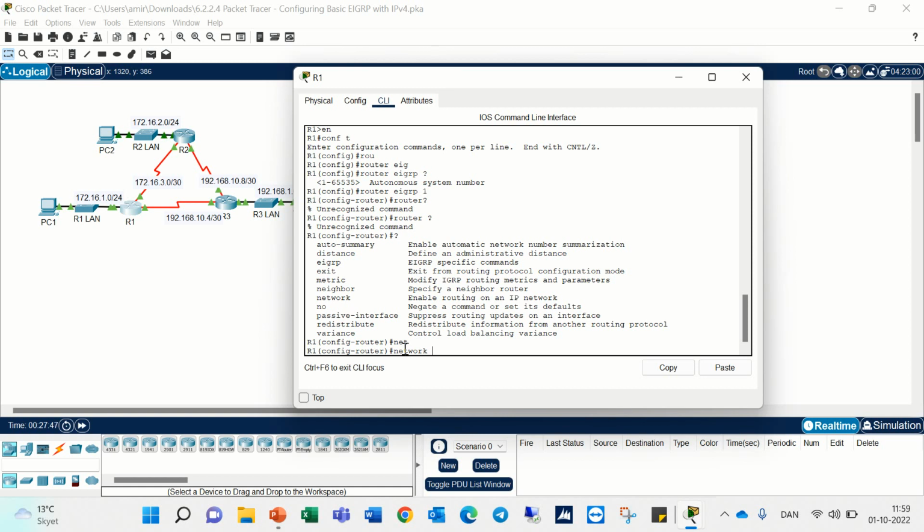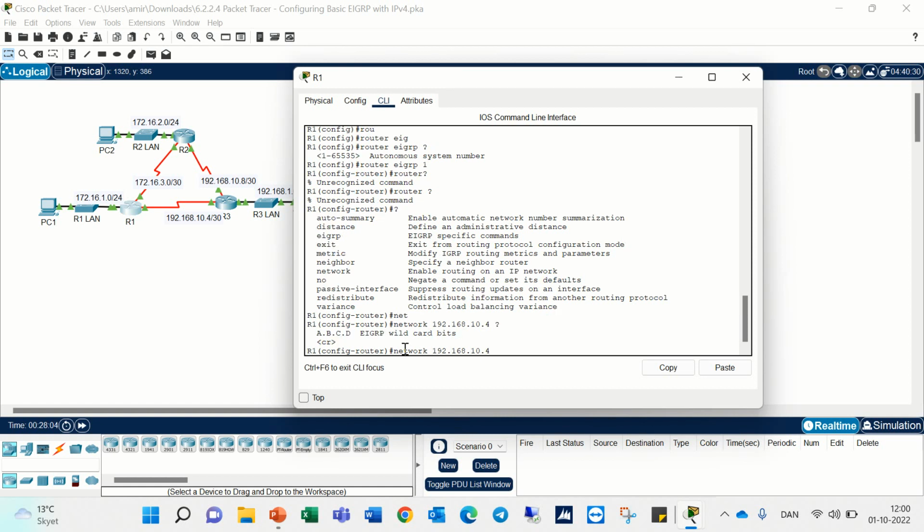How to advertise your network? You can advertise your network with 192.168.10.4. And what is the wildcard mask here? The wildcard mask for a /30 network is 0.0.0.3.